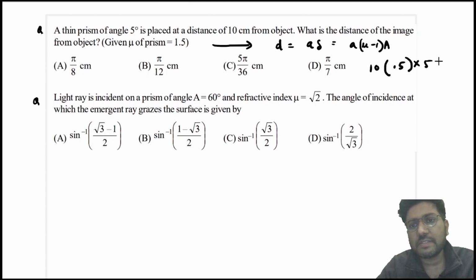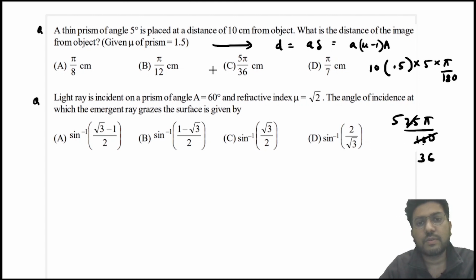So 5 degree means 5 into pi by 180. So you will get 10 into 0.5 into 5 pi by 180, that is 25 pi by 180, and that is 5 pi by 36 centimeter.